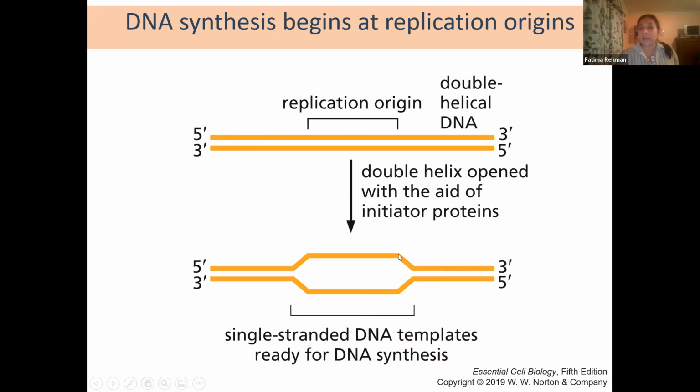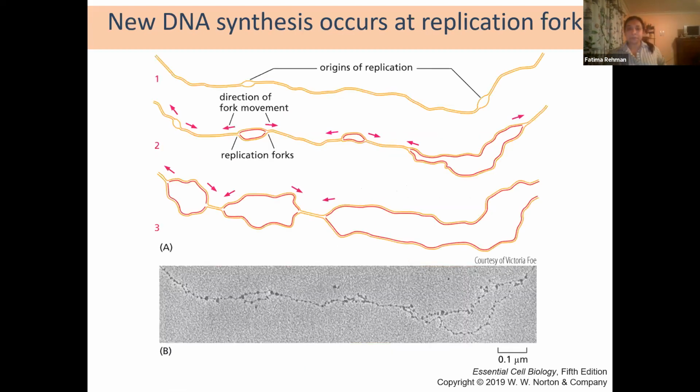So the single strand DNA template is then ready for DNA synthesis, right? So you have these replication origins where the initiator proteins are going to bind, open it up, and then single strand binding proteins are going to bind and stabilize them in that single stranded open state so that they don't come back together and form their hydrogen bonds again.